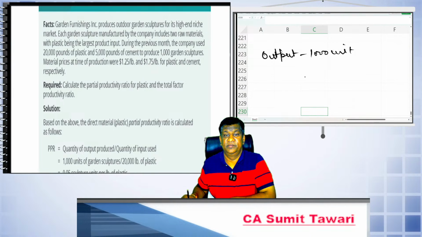For that, the prices are $1.25 per pound and $1.75 for plastic and cement respectively.